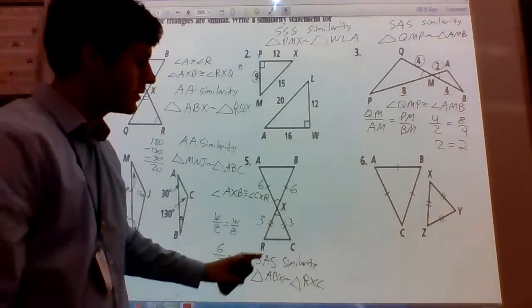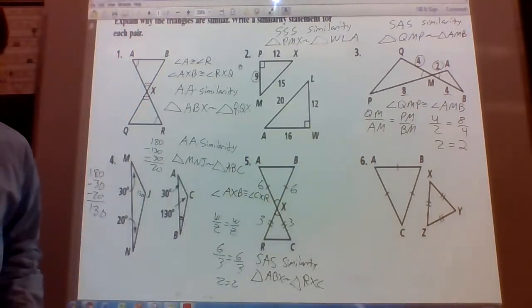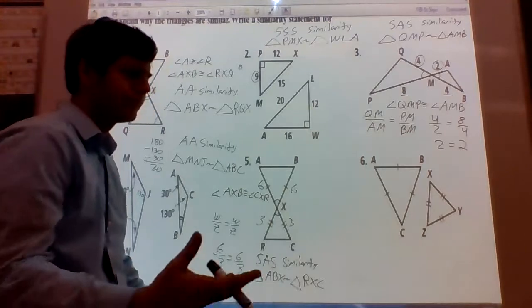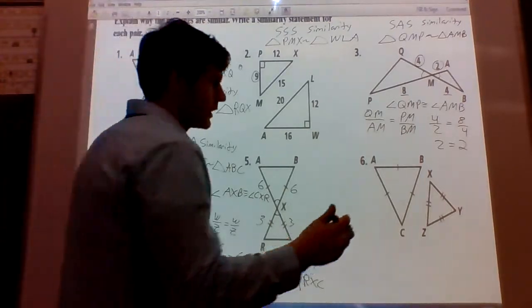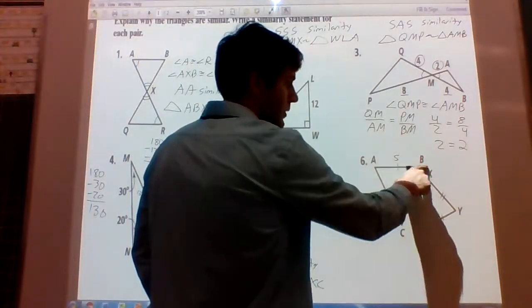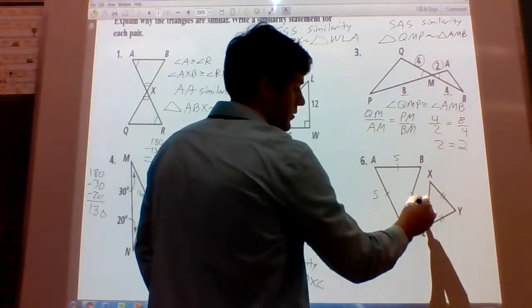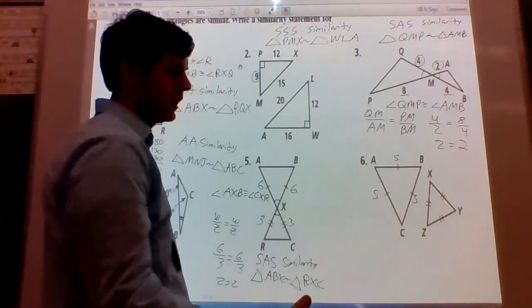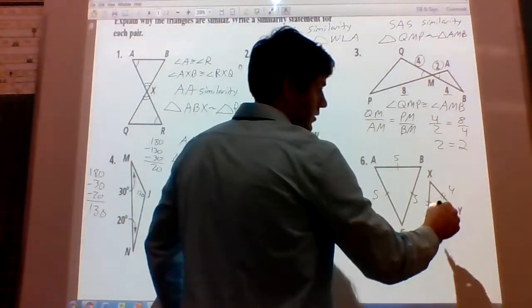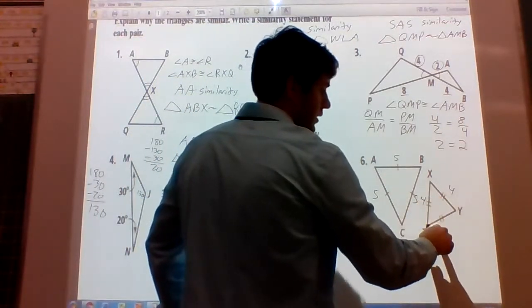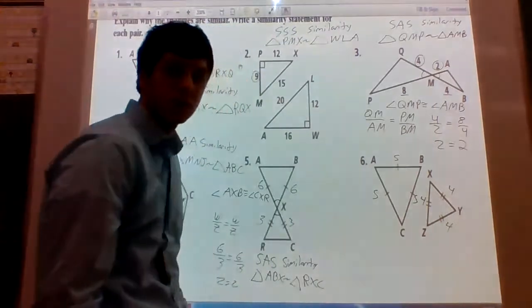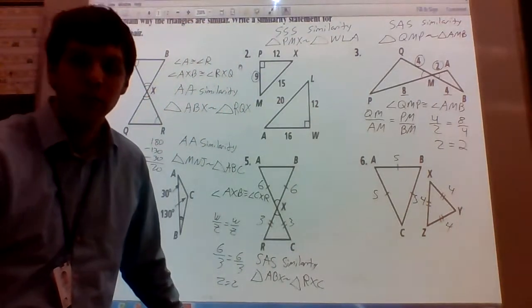Number 6, it's the same type of argument here. Pick any number, say it was 5. AB is 5, therefore AC is 5, and BC is 5. Say XY was 4, XZ is 4, ZY then has to also be 4 because all the sides are congruent.